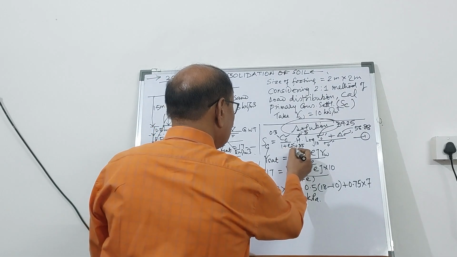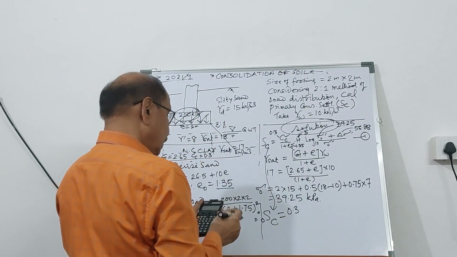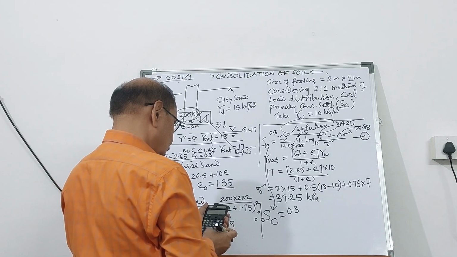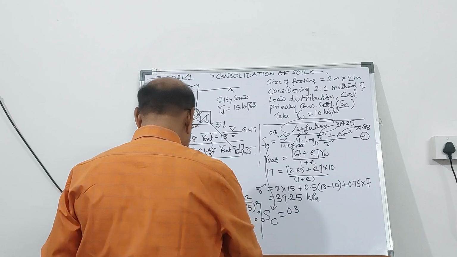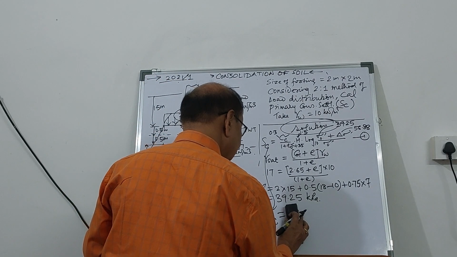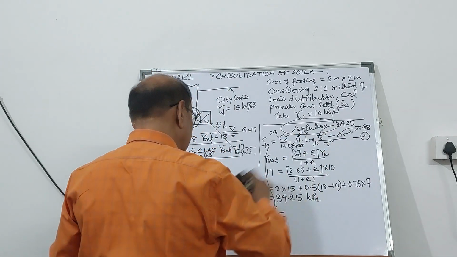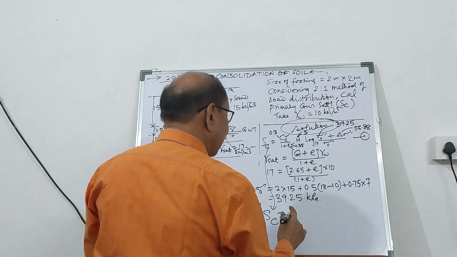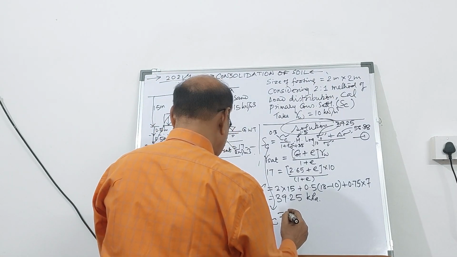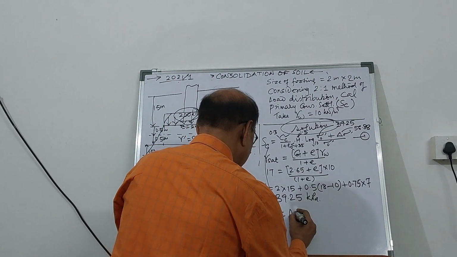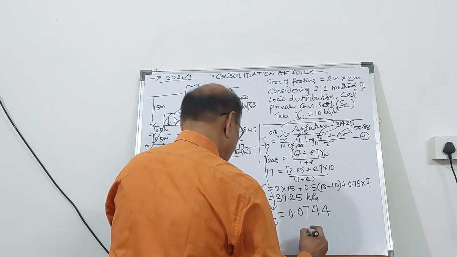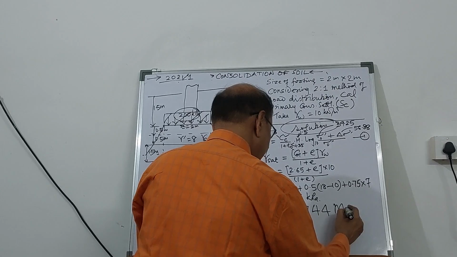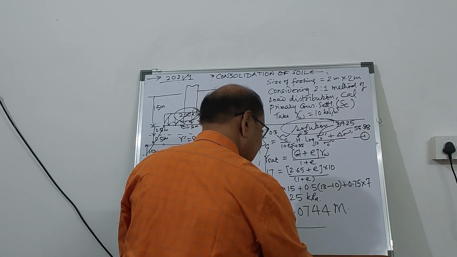So I am getting this answer of Sc. I have already written all the values here. By simplifying this, I am getting 0.0744 meter. And this is the answer.